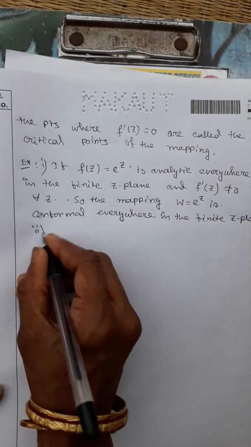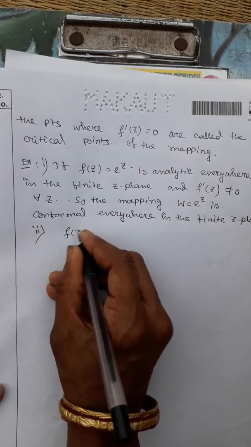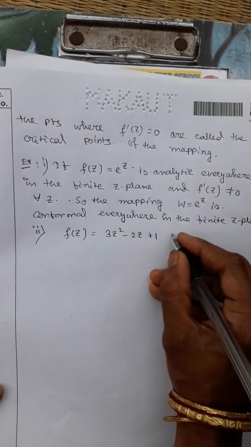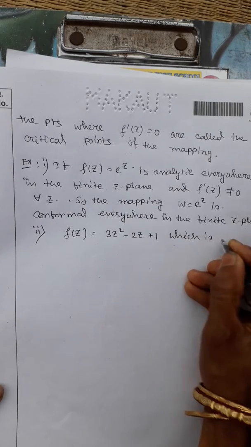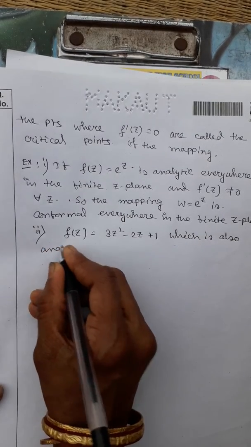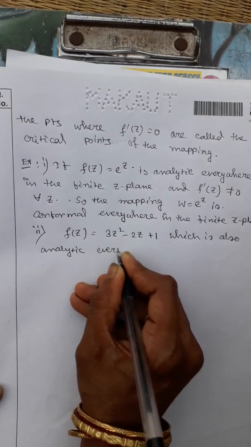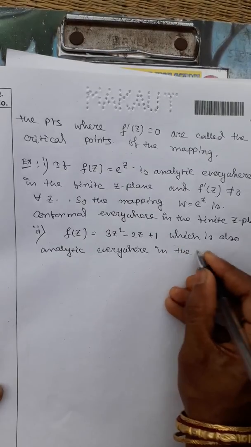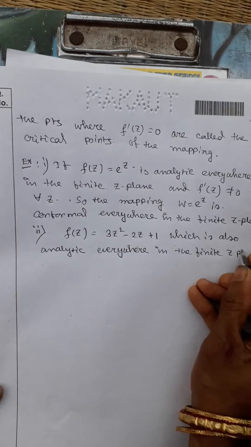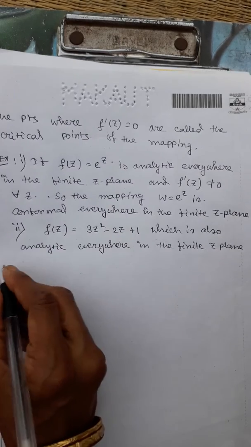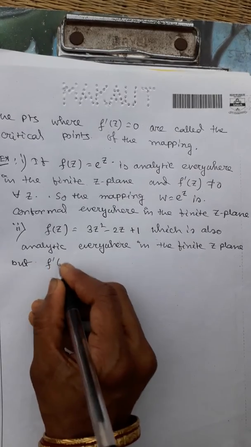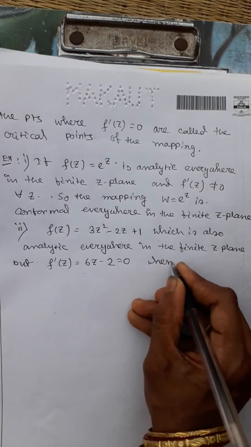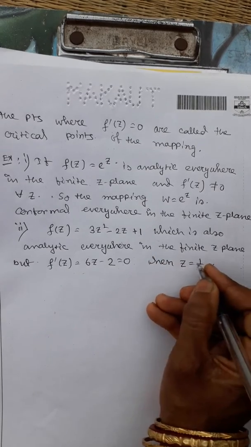This is the first example, and another example is if the function f(z) = 3z² - 2z + 1, which is also analytic everywhere in the finite z plane, but f'(z) = 6z - 2 is equal to 0 when z = 1/3.